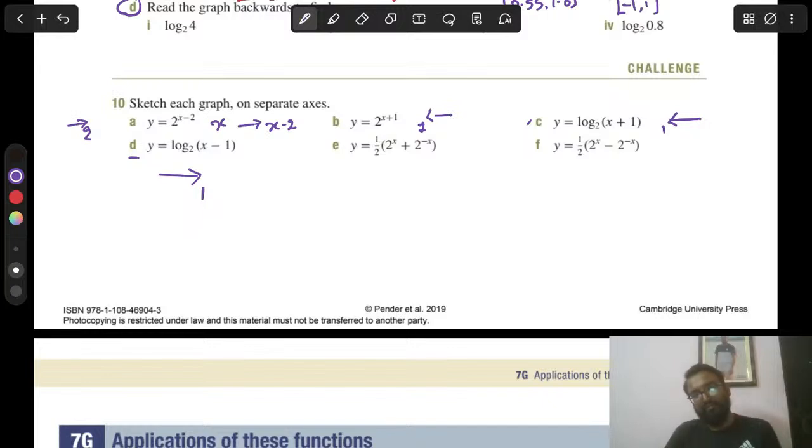2 power x plus 2 power minus x, by 2. So we are adding two functions. Okay, so these are different. We can't capture it easily. Okay, we are adding two functions, means we are adding two functional values. The graph could vary. You will see in Desmos 2 power x plus 2 power minus x.